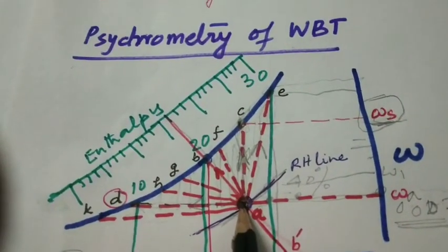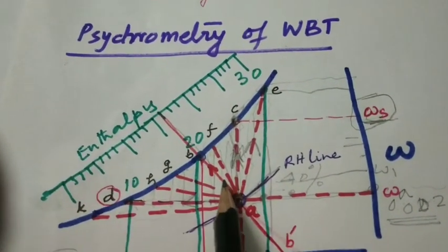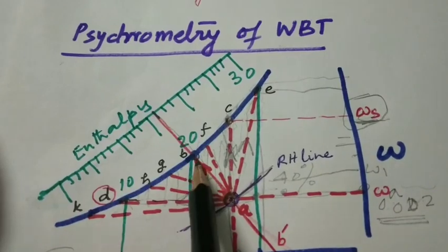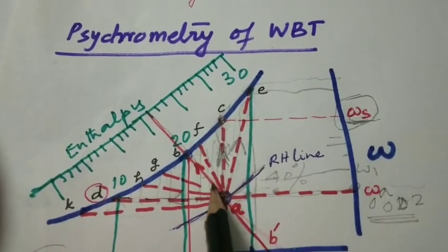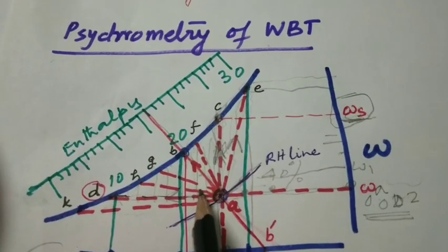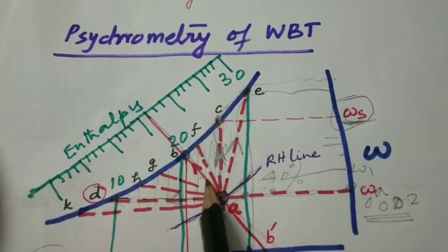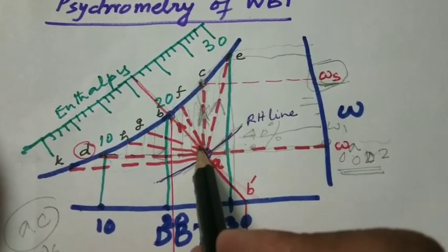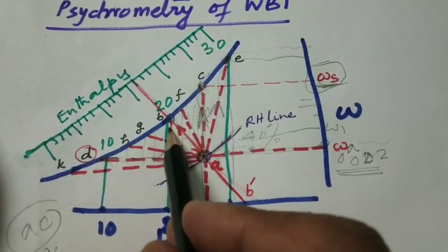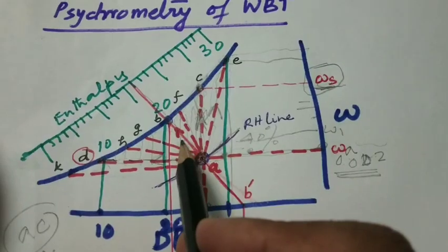A has the same enthalpy, this also has the same enthalpy, and this also has the same enthalpy. All the points where the process is happening, what is this process? The temperature is decreasing and humidity is increasing.